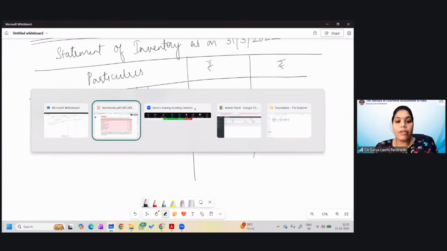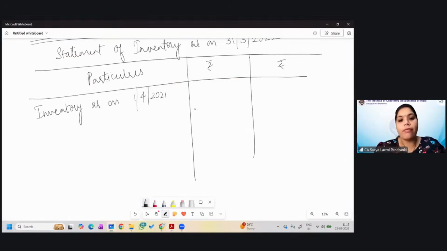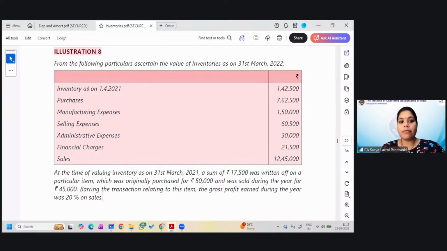So what is the opening inventory we have in the question? 142,500. Please do it with me so that you'll not be lost. If you don't do it with me, you will be lost. If you can see in the first line, the opening inventory is 142,500, right?